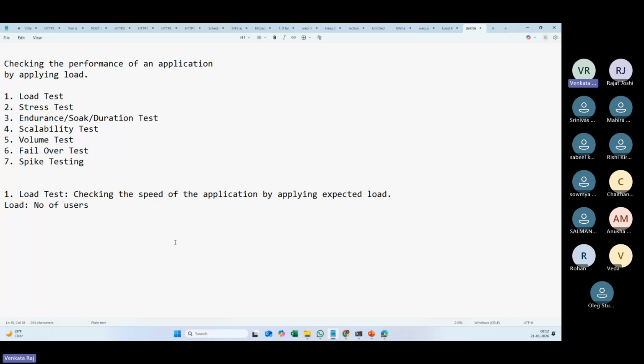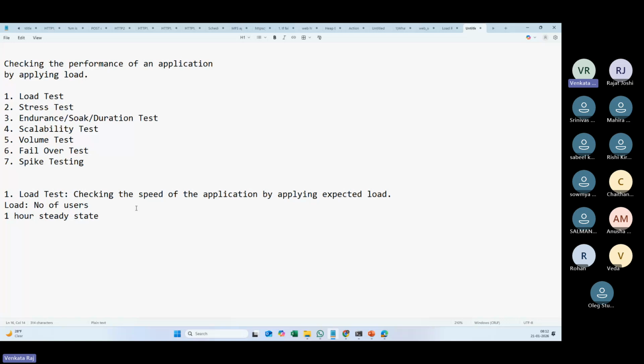For how long will you run this test? We will run for 1 hour steady state. I'll tell you what steady state is later on, but just try to understand that with all the users up and running, we will be executing this test for 1 hour. Let's say there is an application for which you want to do a load test, and the number of users is 200.